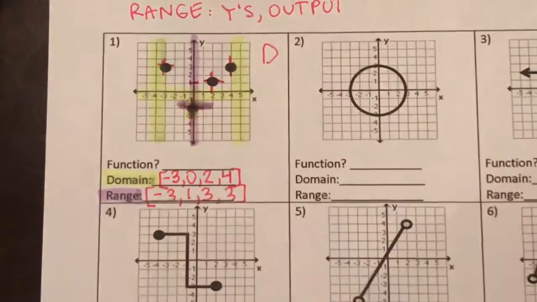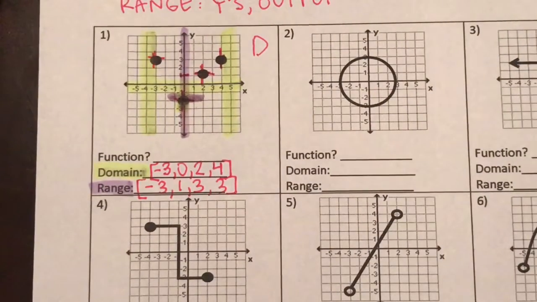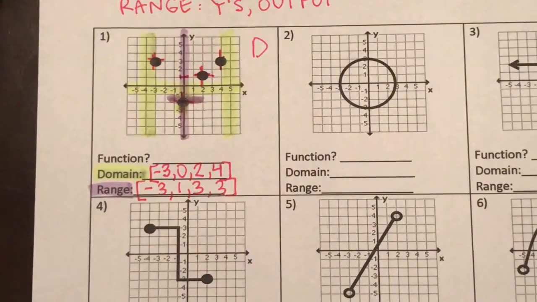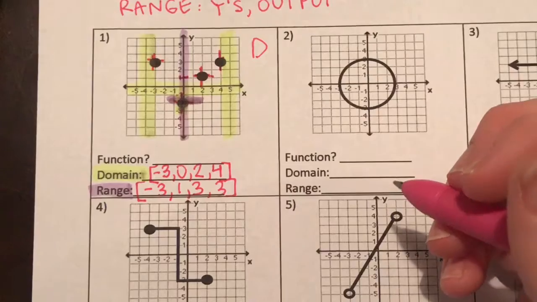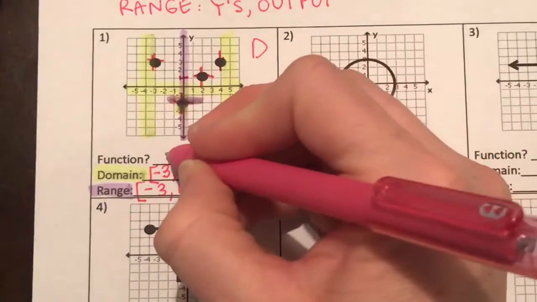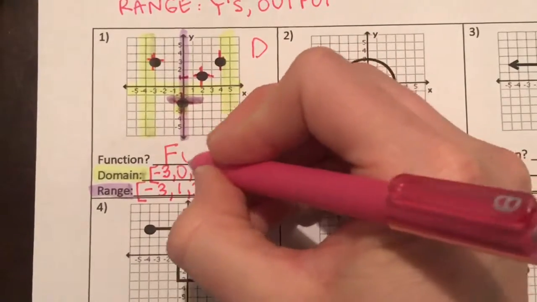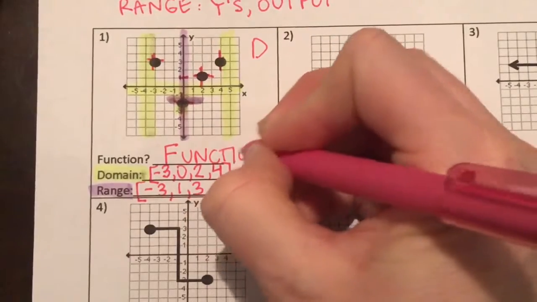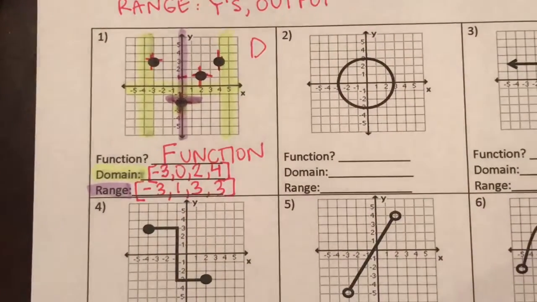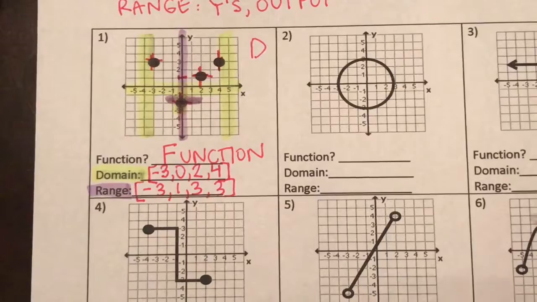And then there is my range for this discrete function. So you have domain and range. And then if you wanted to identify this as a function, it passes the vertical line test. So yes, this is a function. And there you go. So that was kind of a review.